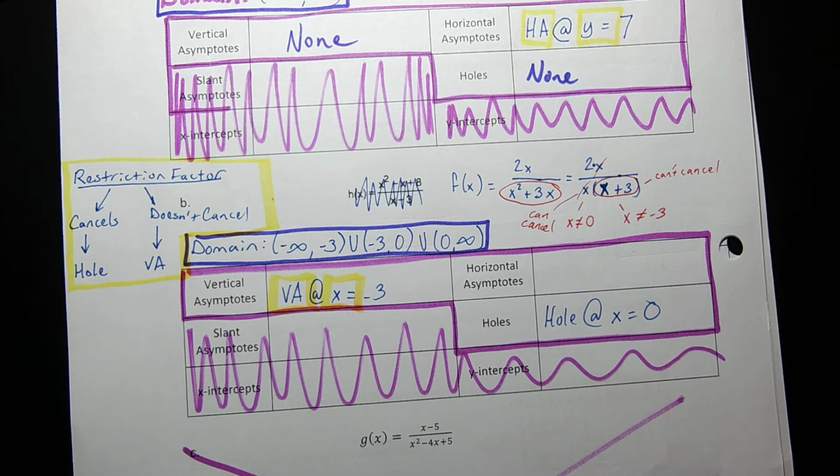So I want you to use your calculator and see if you can determine if this graph has a horizontal asymptote. Go.